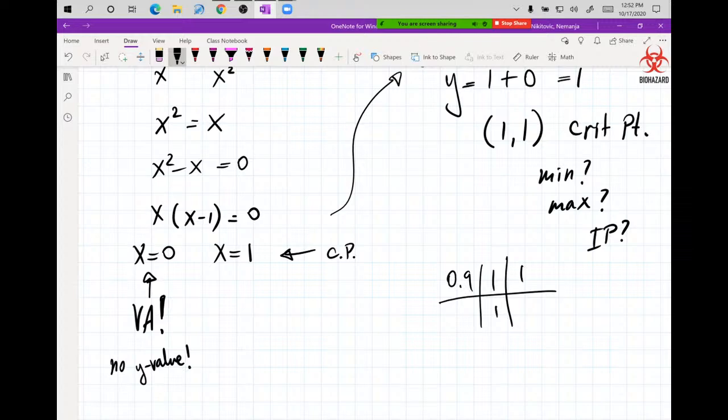And use 0.9, use 1.1. Obviously, you're not going to use 0 and 2 because you can't compute 0. But it's okay to use 0.9 and 1.1 and then see if they both go down, it's a max. If they both go up, it's a min. If one is up, one is down, it's an inflection point. It's a very simple thing. Again, annoying to compute, but such is life.